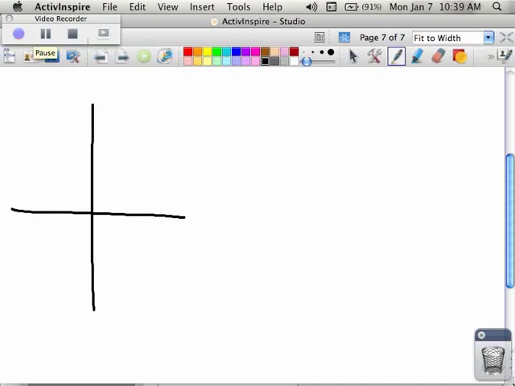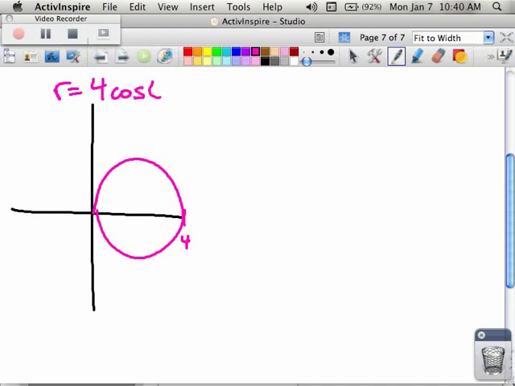Still same topic, another graph. How about this one? Would anybody like to hazard a guess to the equation of that graph? It's cosine, so you would write down r equals positive 4 cosine theta.